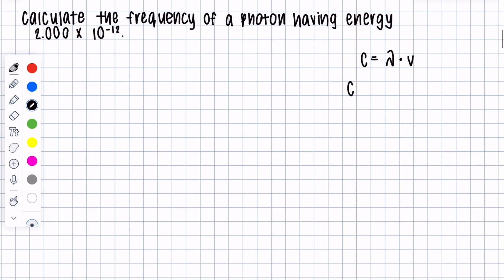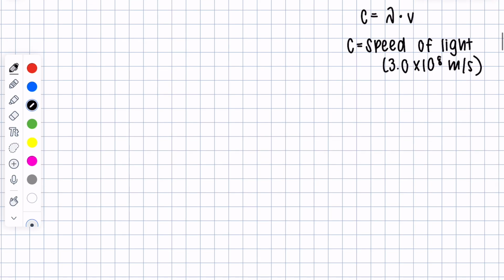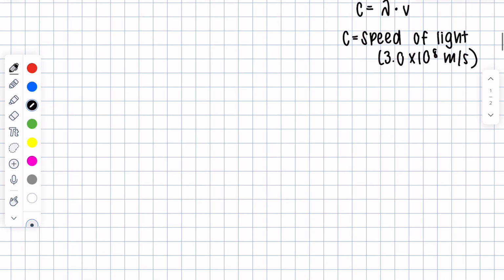In this formula, c stands for the speed of light, and if you remember what that is, it is 3.0 times 10 to the eighth power, and that is in meters per second is our unit. Then we have the wavelength symbol that represents wavelength, and that is going to be measured in meters most of the time.